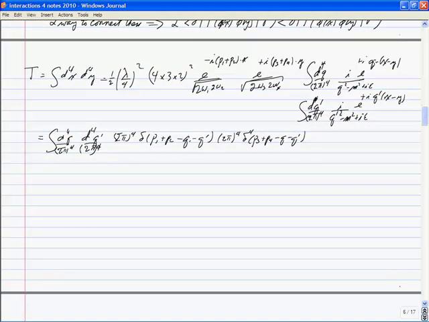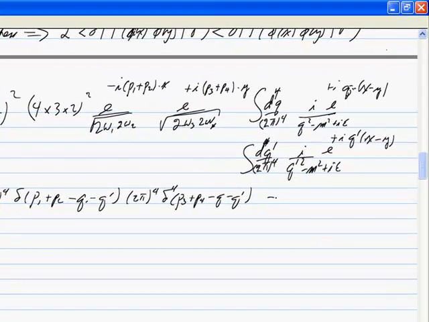And then we have minus 1/2 times (6λ)² times i over q² minus m², i over q′² minus m².